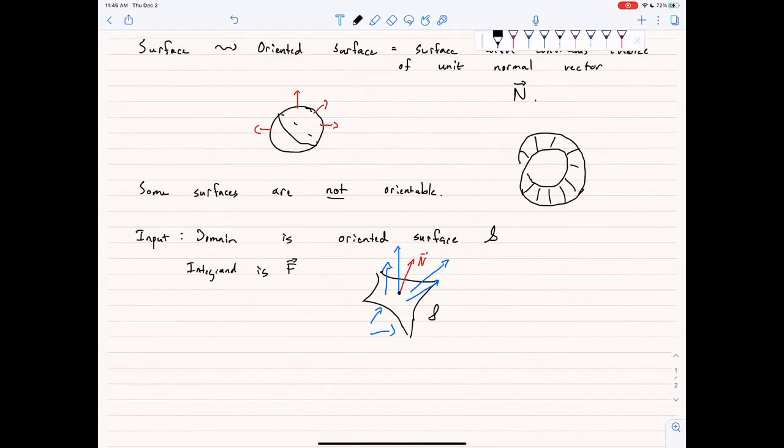If we're imagining this vector field as the velocity of a fluid, we're interested in how much fluid is passing through our surface at any given time. That's what we're interested in computing. So what we do is what we did in the flux integral for a curve. We're going to project and find the contribution of this vector field F, the amount of the flow that's actually passing through the surface, not going tangential to the surface.